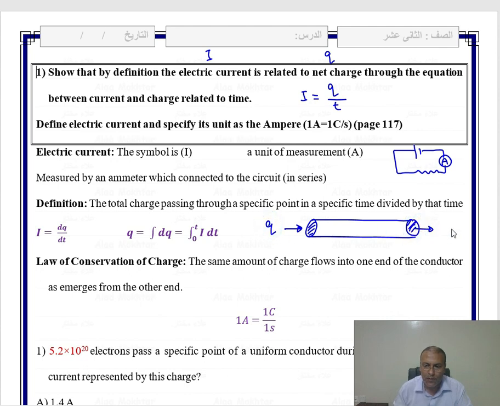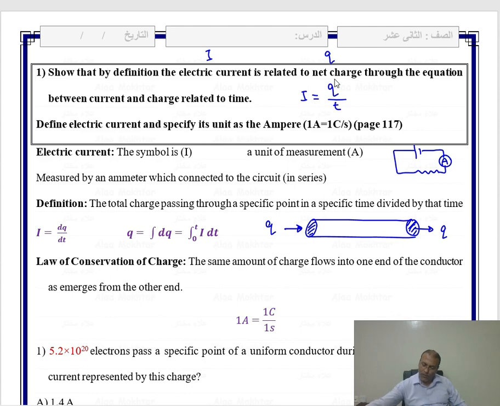Charge in equals charge out at the same what? At the same time. This is the law of conservation of charge. And 1 ampere is equal to what? 1 coulomb over 1 second.